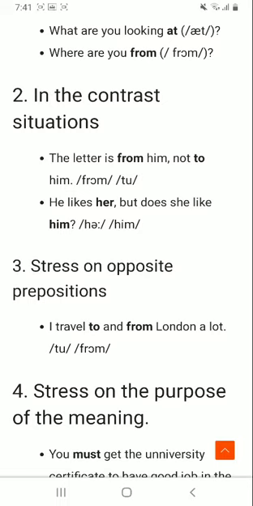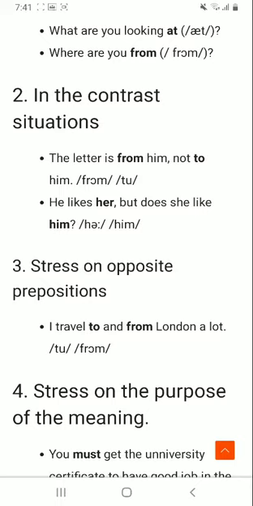Next, as I already told, the contrast situation, like he and she coming in the same sentence. The letter is from him, not to him or not to her. When addressing someone in contrast, this rose is for her, not to him.